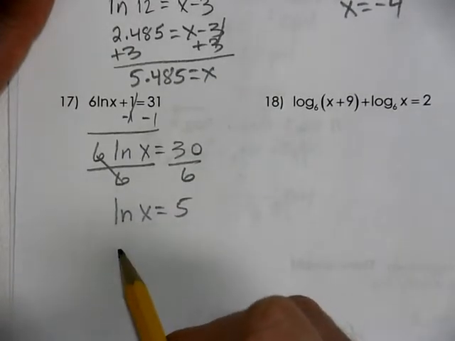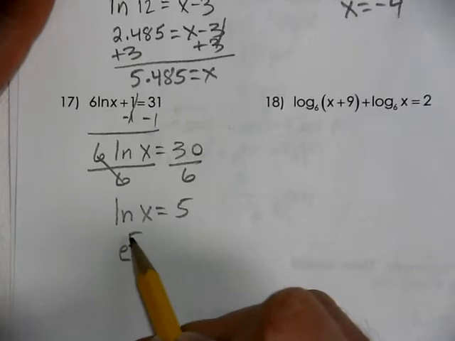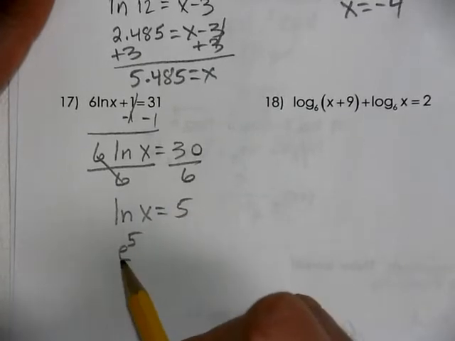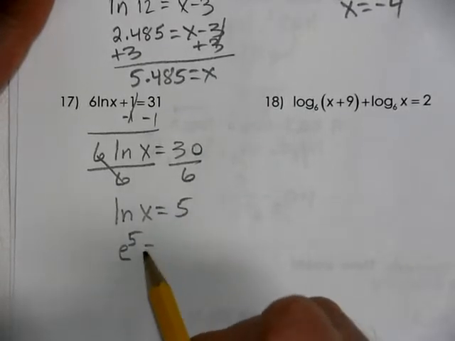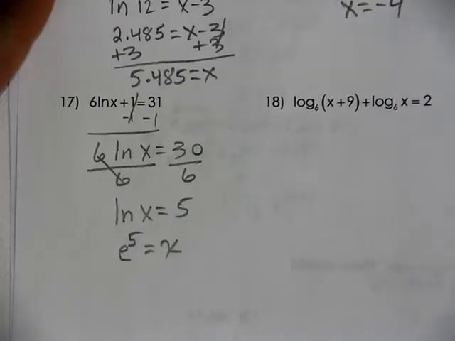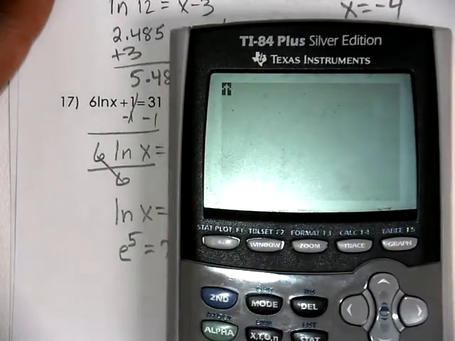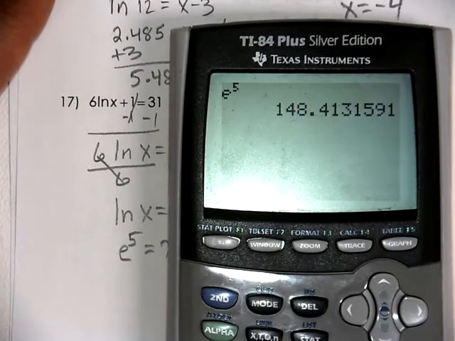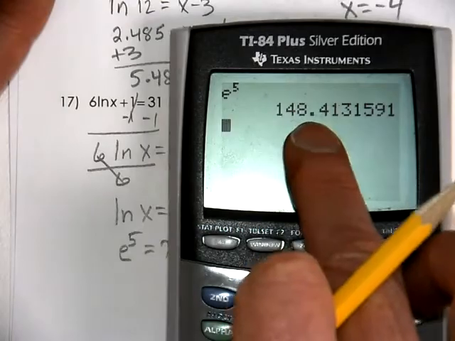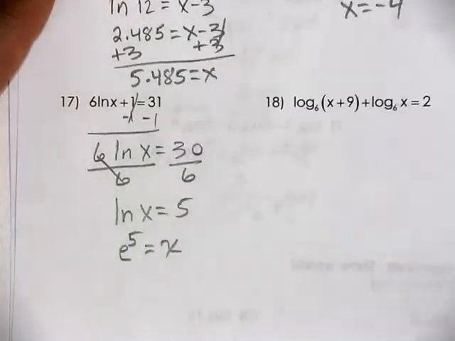So we need to use the base. So e to the 5th power equals x. There's e to the 5th power equals 148.413.